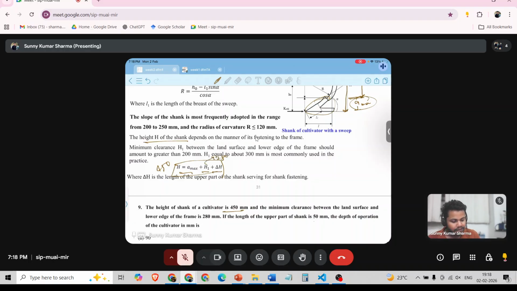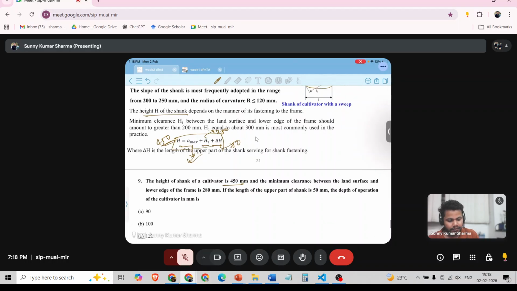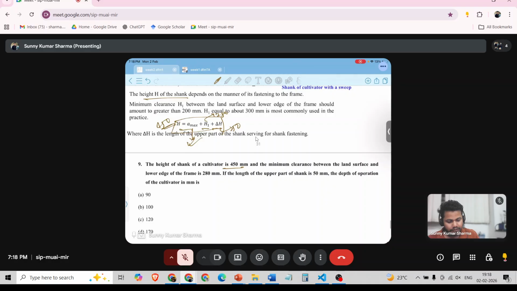If the length of upper part of shank is 50 mm, the depth of operation of cultivator a max you have to find. It is just a simple one. This is 280. This is 50. This is 450.